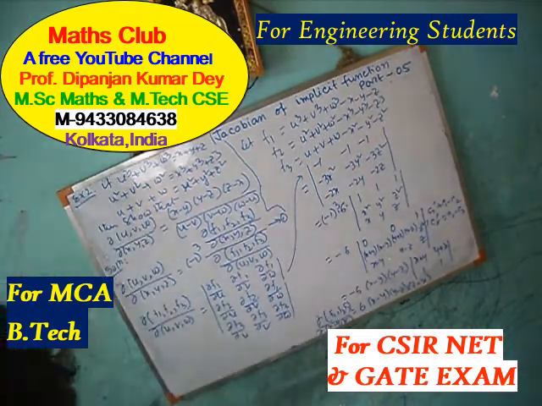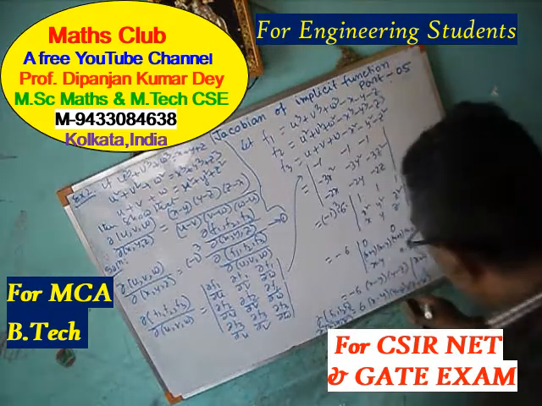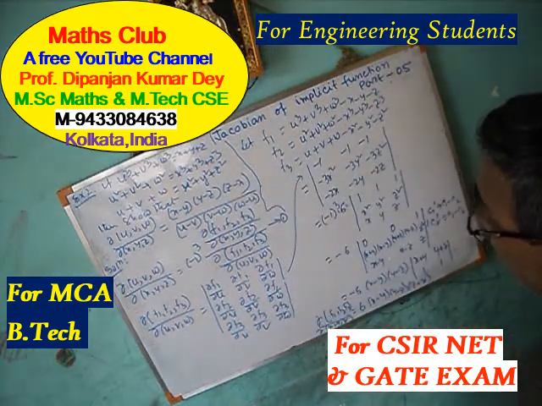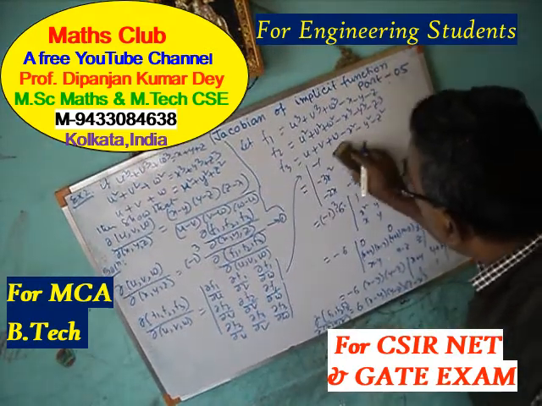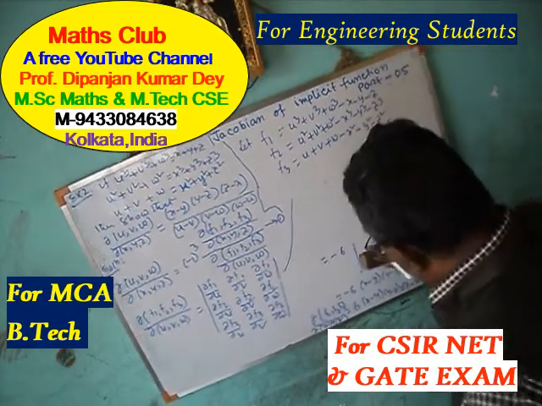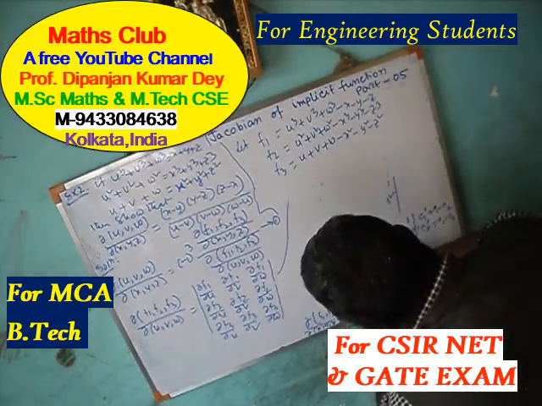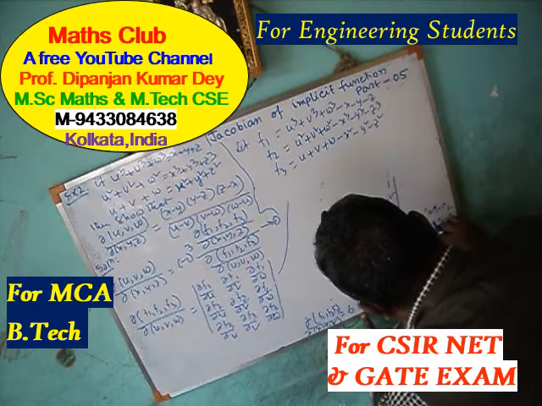Okay, now this determinant I have to find. So be careful, this result I have to put over here in equation 1. Just I am removing this part, so I have to write the result.